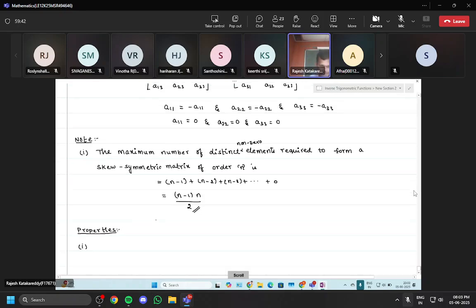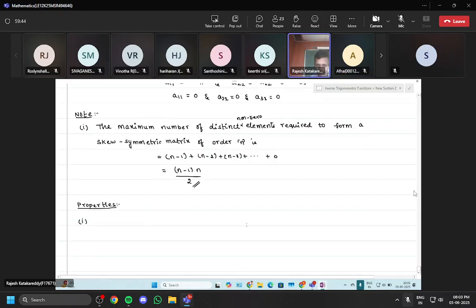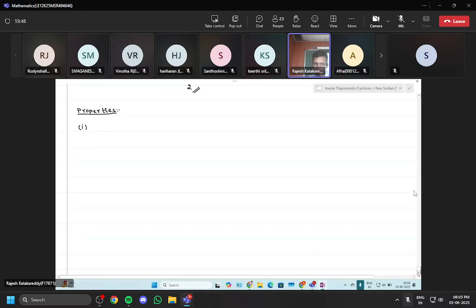Write this one, first property. Null matrix is the only skew symmetric matrix.